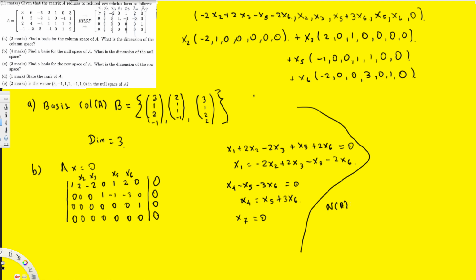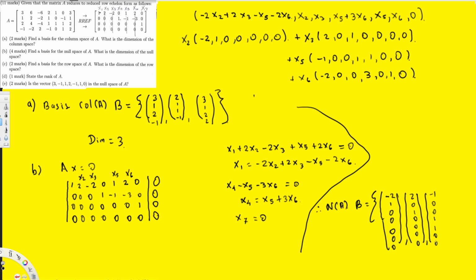Therefore the null space A basis is equal to: minus 2, 1, 0, 0, 0, 0, 0, comma, 2, 0, 1, 0, 0, 0, 0, comma, minus 1, 0, 0, 1, 1, 0, 0, comma, minus 2, 0, 0, 3, 0, 1, 0. So this is the final answer for the null space.